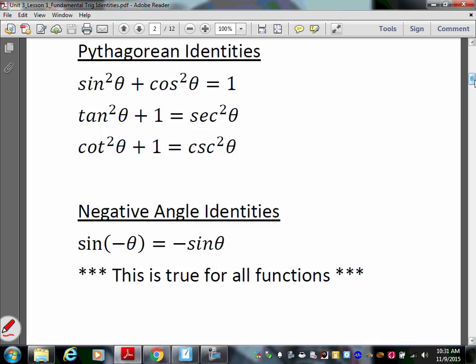Just as a side note, if I know what the cotangent of an angle is, cotangent squared is just whatever that ratio is squared. So if cotangent's, I don't know, √3/2, cotangent squared is (√3/2) squared.